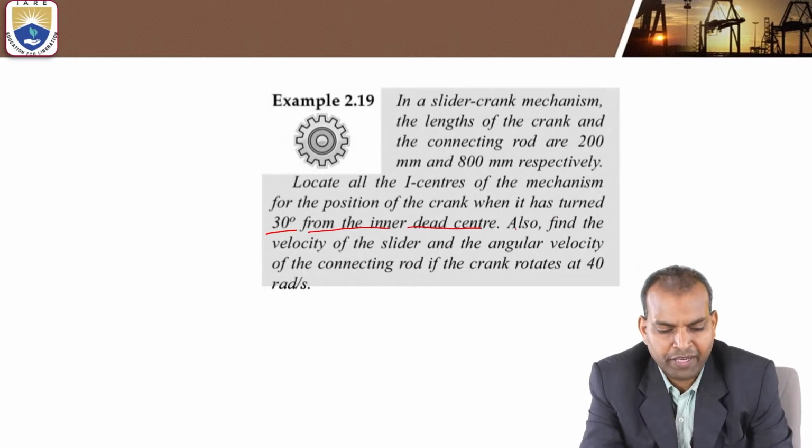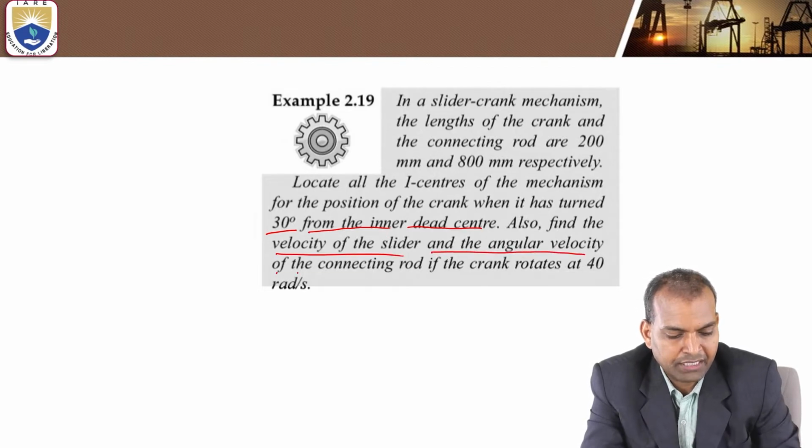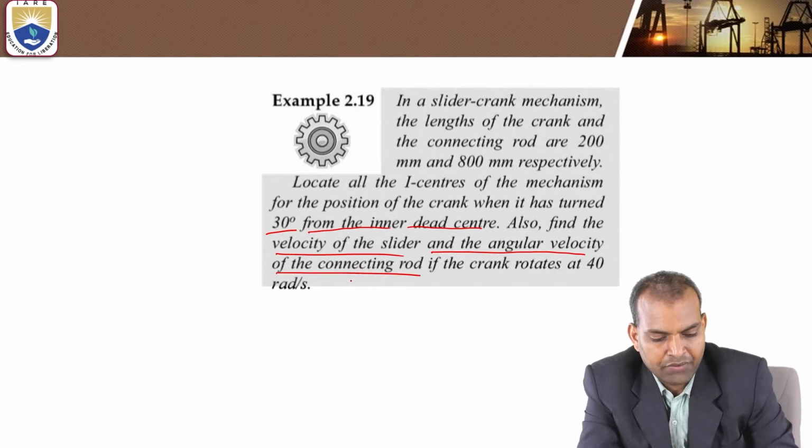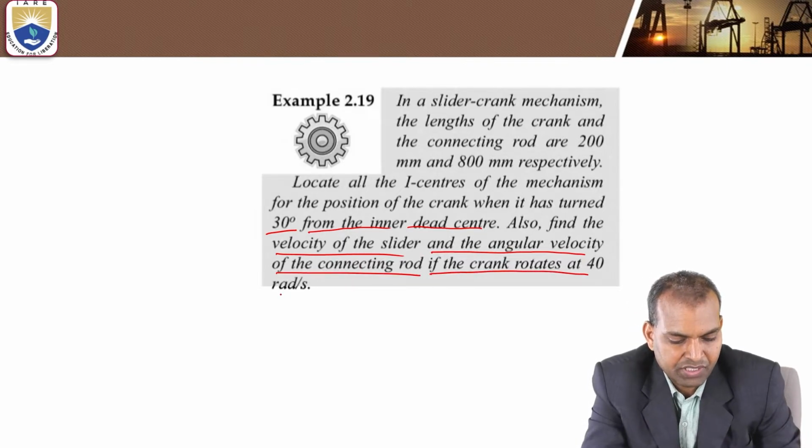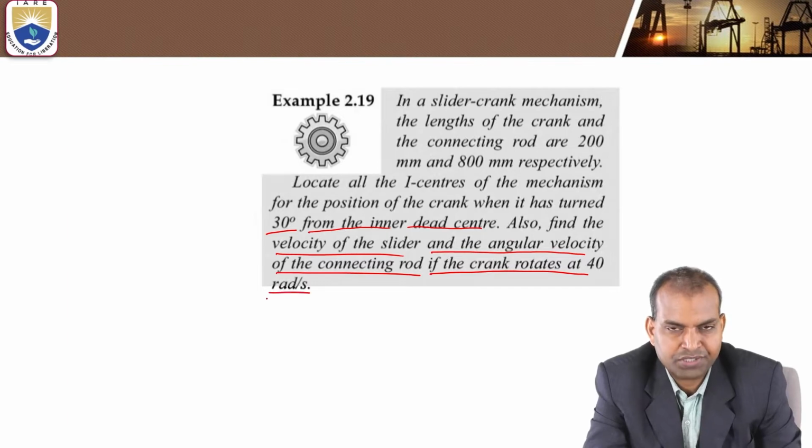Also find the velocity of the slider and the angular velocity of the connecting rod if the crank rotates at 400 radians per second.